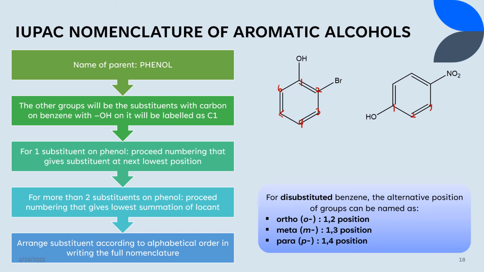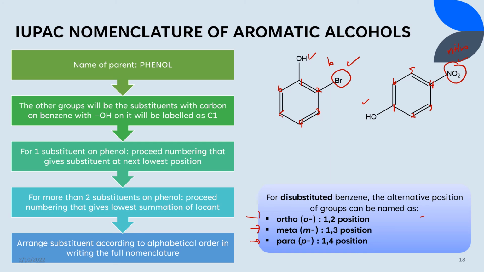Okay, so proceeds numbering that will give the next substituent at the lowest position. Okay, so seems kita ada dua cabang on the benzene ring, maka you boleh consider untuk bagi nama, okay, ortho, meta dan juga para. Okay, so di sini bromo sebagai substituent, yang ini nitro, N sebagai substituent nitro.